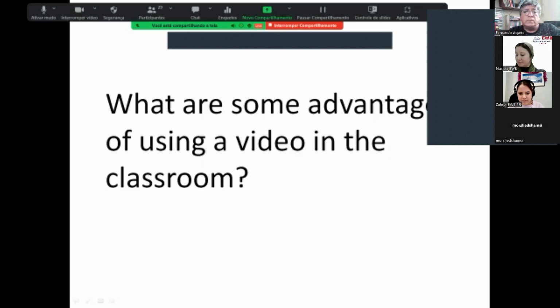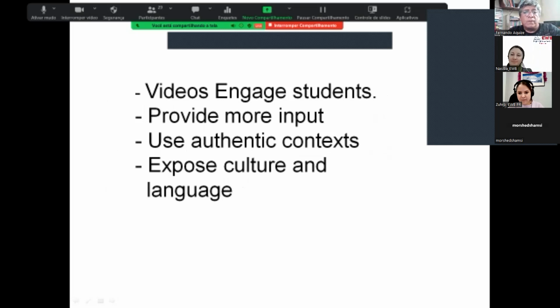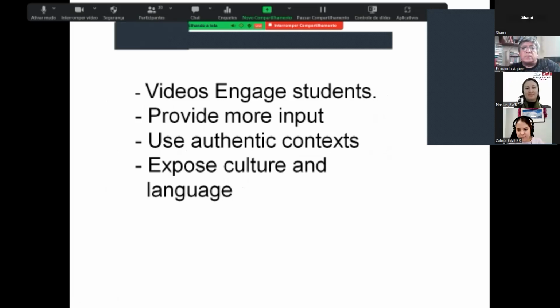They are able to see the things and comprehend it in a very precise manner. And it's going to be there in their memory for a longer period of time. They are not going to forget it. Whereas if you just show them the scripts or the text, they tend to forget. But if you show them the video, they are going to remember it for a longer period of time. This is what I believe.